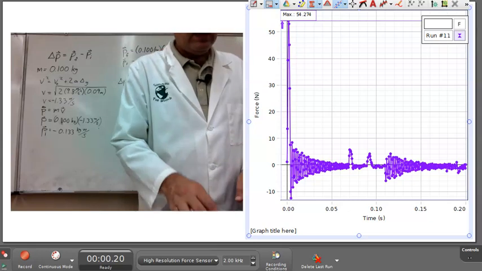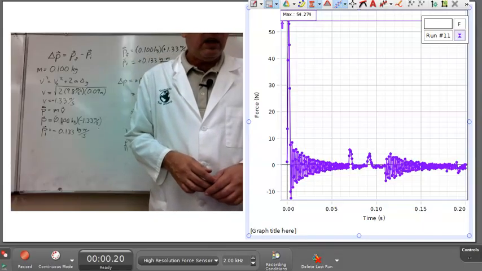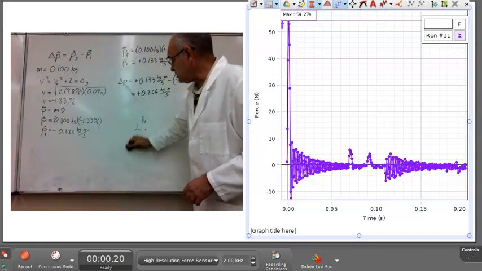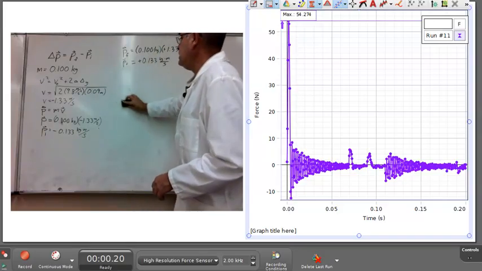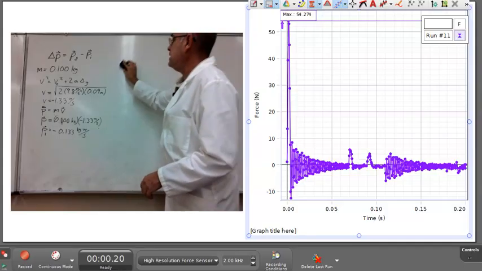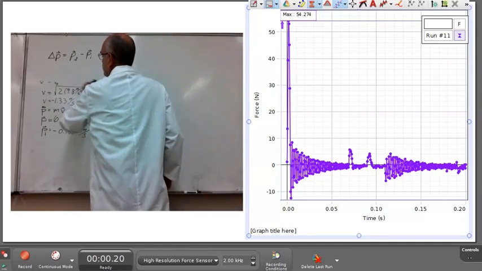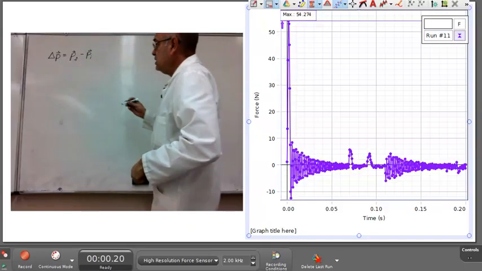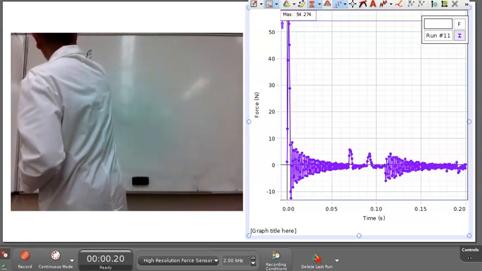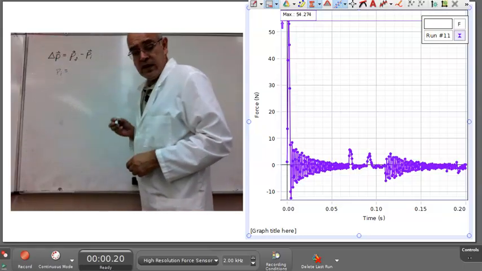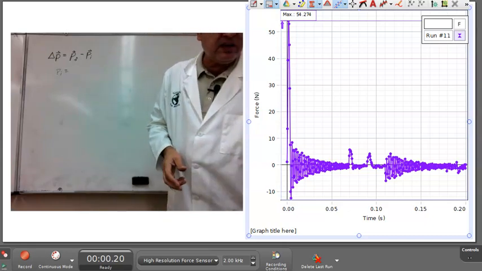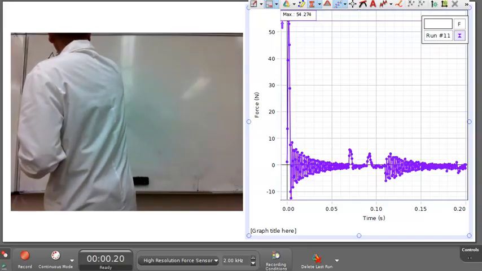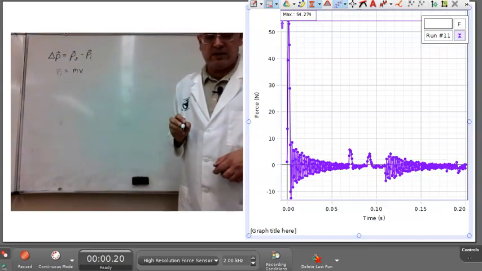If you catch an egg of a mass m that's heading towards your hand at a speed v, what magnitude momentum change will it undergo? Well, let's see how we work that out. Again, delta P equals PF minus PI. The initial momentum, PI, is going to be equal to the mass of the egg times the velocity that the egg is moving at.